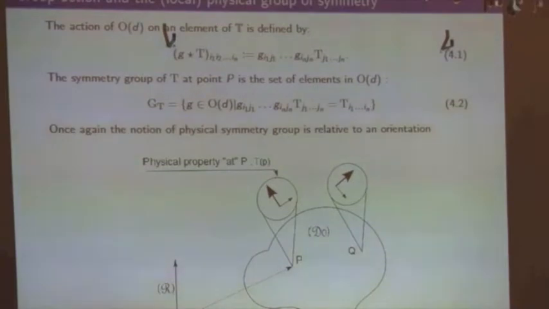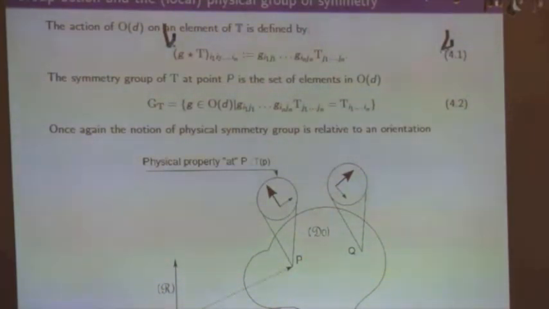But in the abstract way of mathematics, you can take a tensor and define the action of a group of transformations on this element, and that was explained here. I take my tensor, which has n different legs, and I make G out of O3 act on T. How does G act?